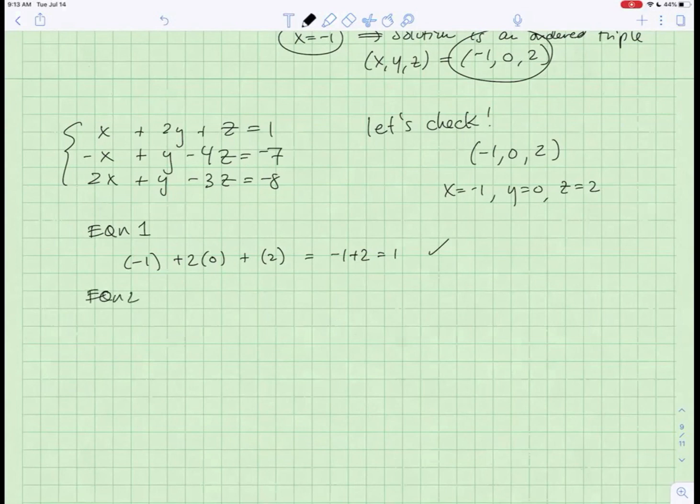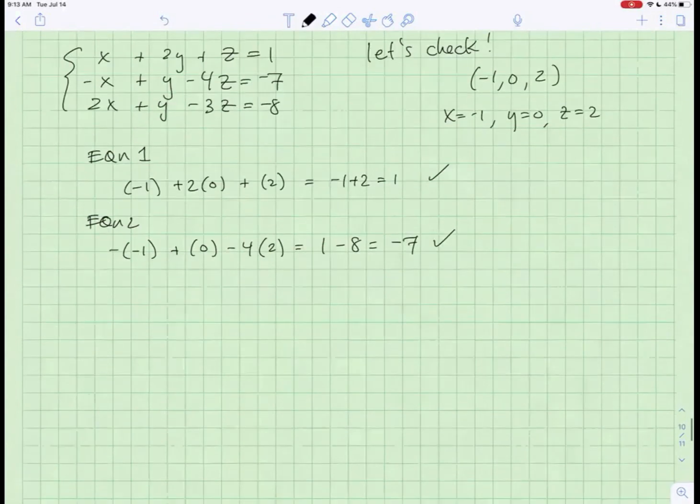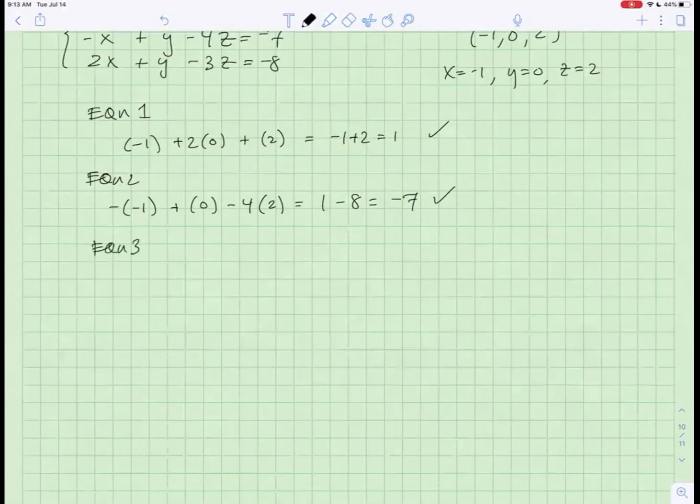In equation 2, we get negative 1 plus 0 minus 4 times 2, which is 1 minus 8, which is negative 7. Check. And in equation 3, we get 2 times negative 1 plus 0 minus 3 times 2 is negative 2 minus 6 is negative 8. Check.